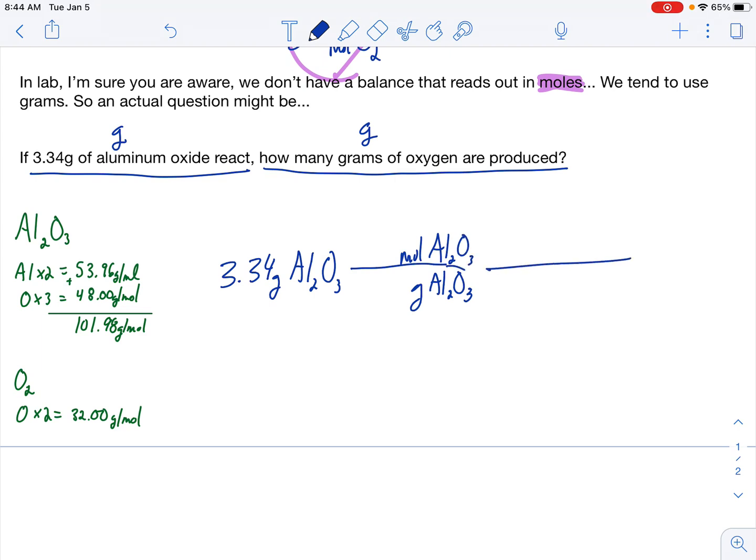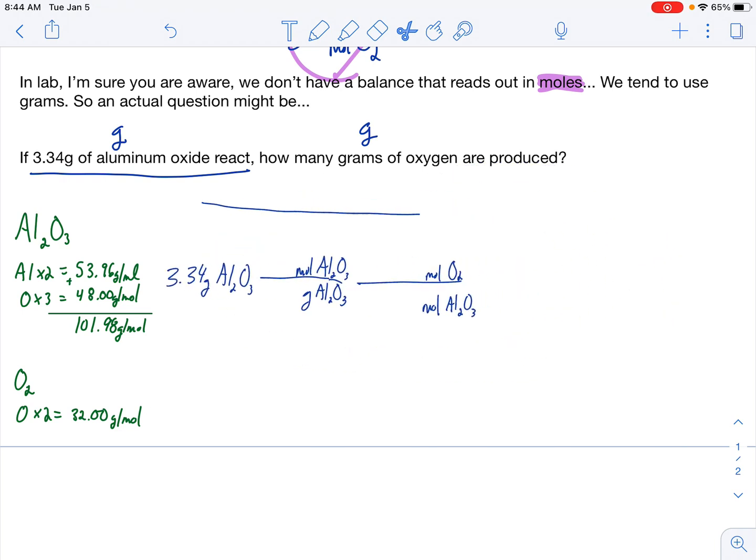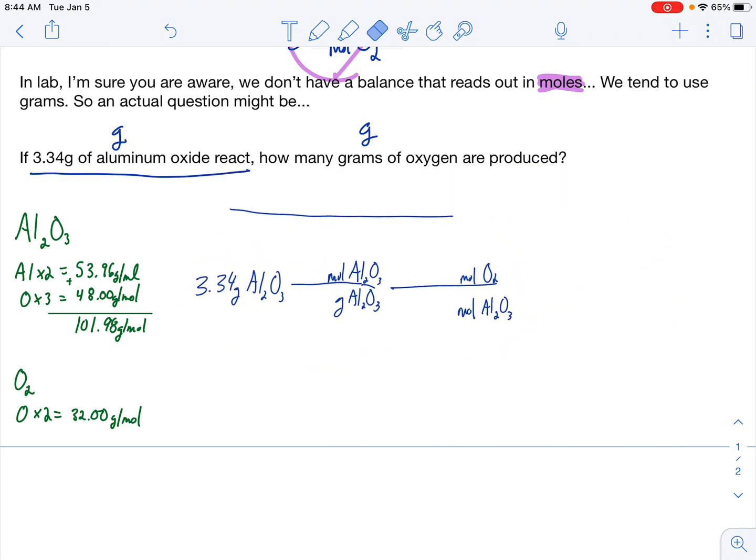Now that I have moles of aluminum oxide, I can use stoichiometry and convert my moles of aluminum oxide into moles of oxygen. And then once I have my moles of oxygen, since the problem is asking for grams of oxygen, I can do another conversion here, and I'll move my moles of oxygen into grams of oxygen. That is the whole problem.